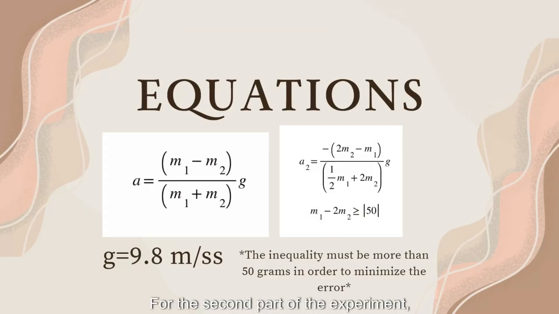For the second part of the experiment, we use the equation A2 equals minus (2 M2 minus M1) over (1.5 M1 plus 2 M2) times gravity. And in order to minimize the error, the inequality must be more than 50 grams. So in this case, we would use the equation M1 minus 2 M2 greater than or equal to 50.